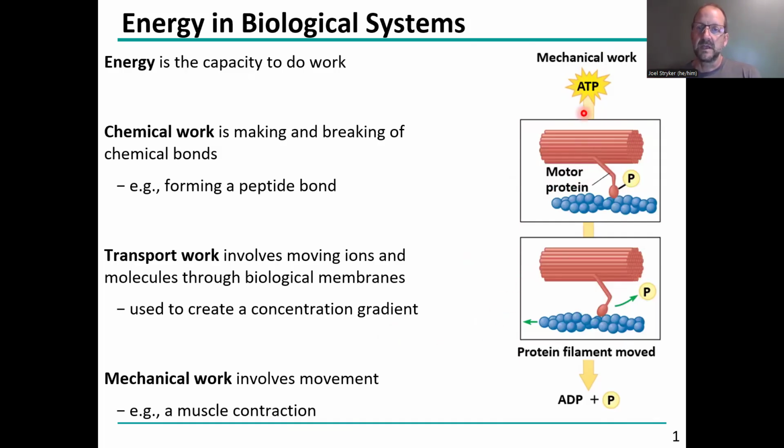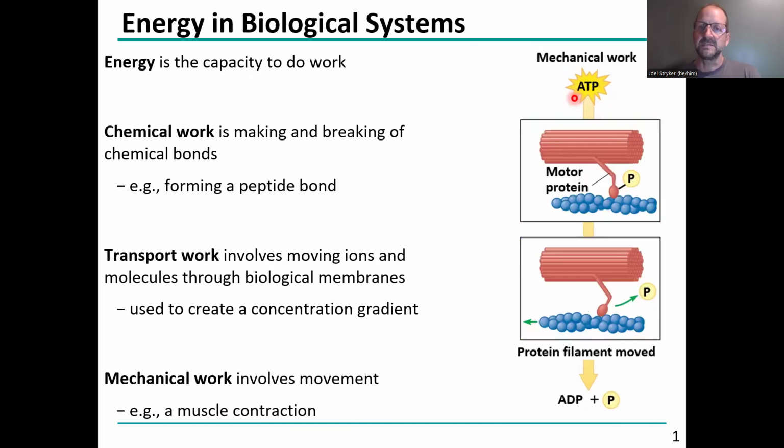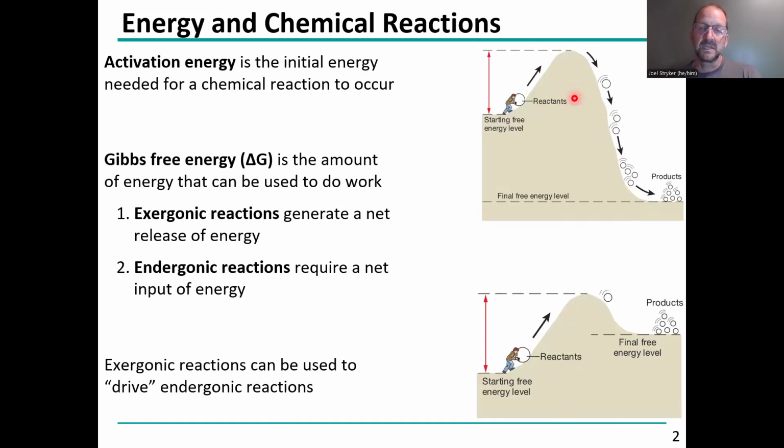Mechanical work, we're going to be learning a lot about the actin-myosin connection here and how energy is used for that. But you'll notice in each of these cases, ATP is being shown. Right? ATP is the energy source that's used for most cellular things.